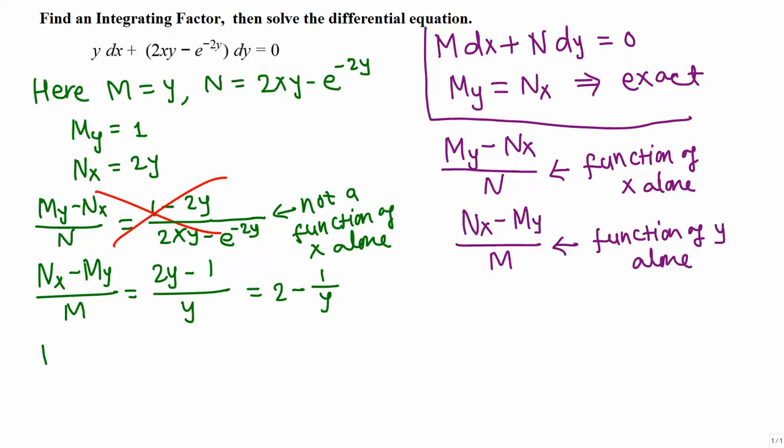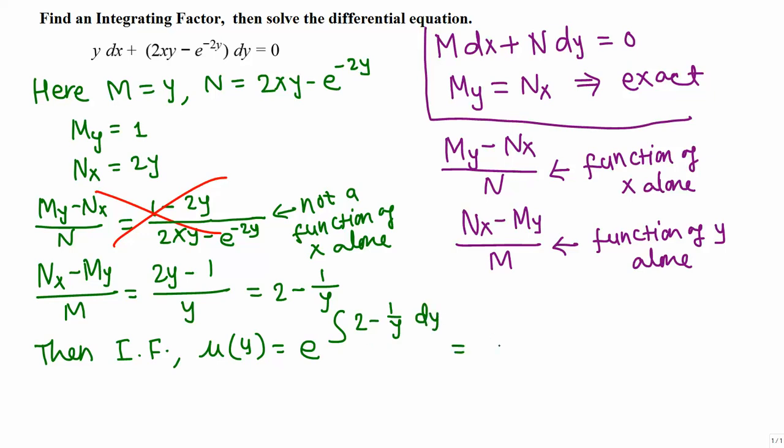That's good. Then an integrating factor, let me write it, integrating factor mu, which will be a function of y, is equal to e raised to the integral of this with respect to y, which is 2 minus 1 over y, with respect to y. Let's find this antiderivative.